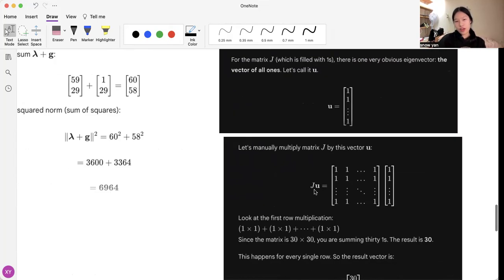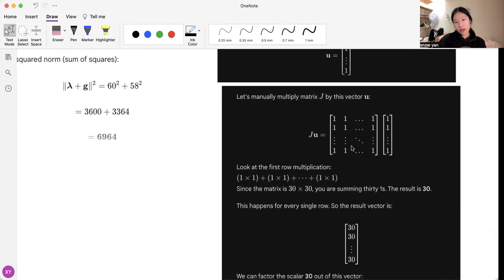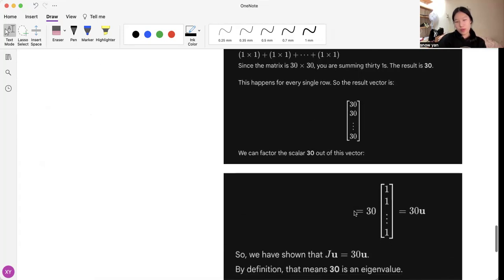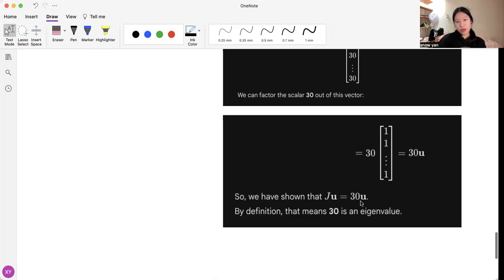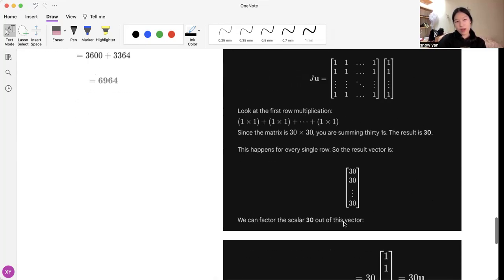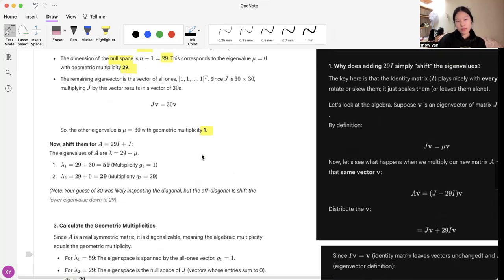If we multiply J and u together, that is just adding up the sum of each row. And since we have 30 entries in each row, the result is 30 in each entry. We can factor it out to get 30u. So Ju is equal to 30u, so 30 is an eigenvalue. So that's why we have 30 as an eigenvalue.